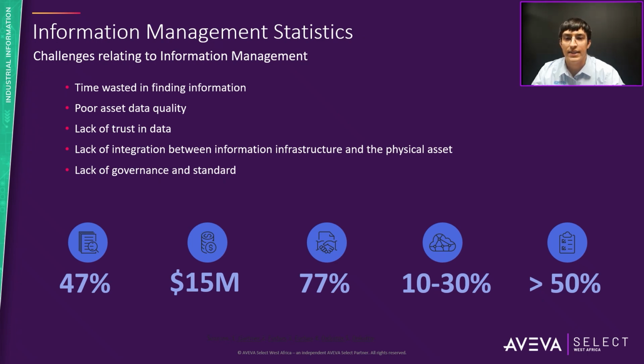This creates a distrust in the data with about 77% of the IT decision makers. Forbes further found that organizations believe poor data quality causes an average loss of about $15 million per year.